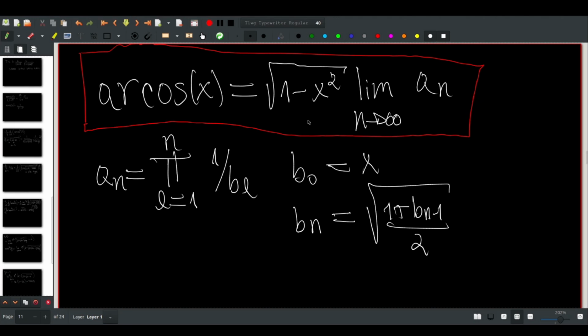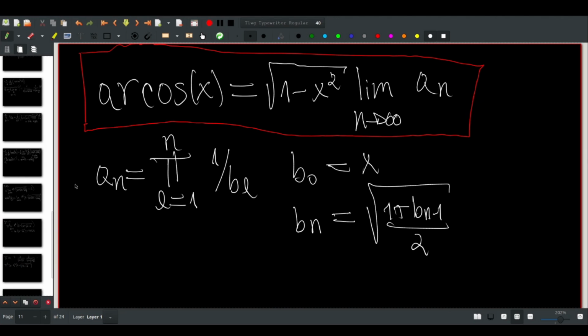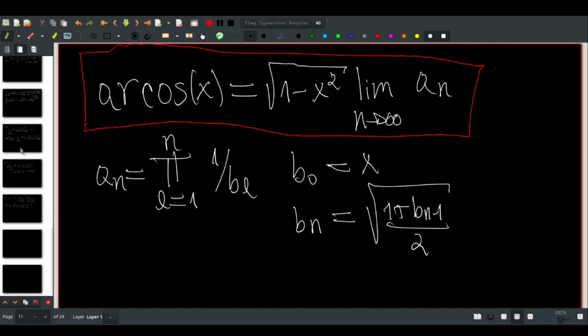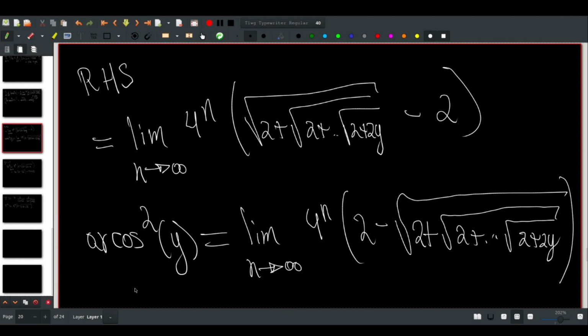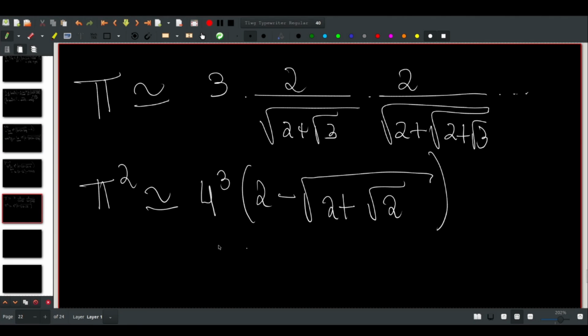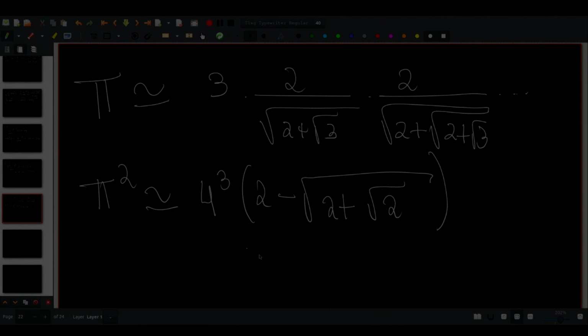The second one was essentially integrating this formula by noticing that the arccosine's derivative shows up on the right hand side, and what we end up with was a formula for the arccosine squared. And with these two formulas, we were able to find different approximations for pi, this one from the product expansion and this one from the limit expansion. So that would be it for this video. I hope you liked it, and see you in the next one.